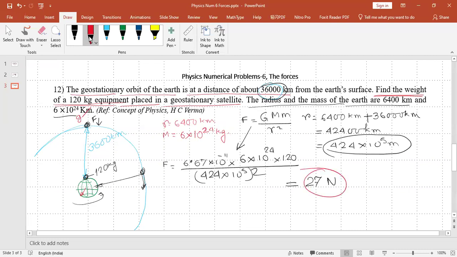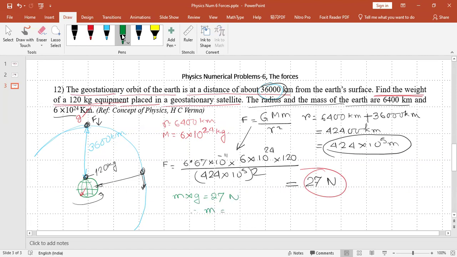Now, by the way, though you don't have this in this problem, let us find out what 27 Newton means on the surface of the Earth. If a body of mass m is on the surface of the Earth, then mg is equal to 27 Newton, where g is equal to 9.8.